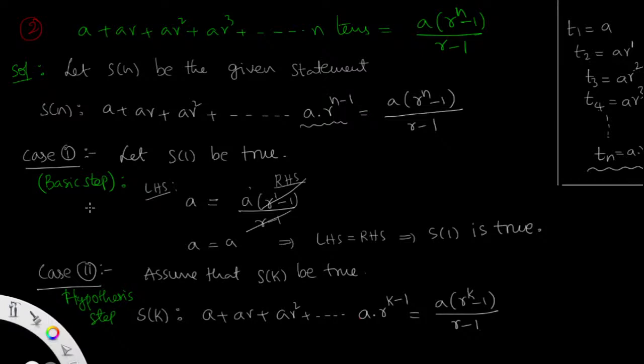Assuming that S of k be true, S of k is written as a plus ar square, and so on, up to a into r power k minus 1.